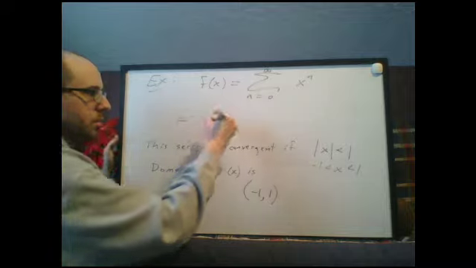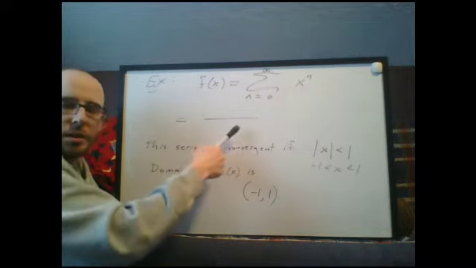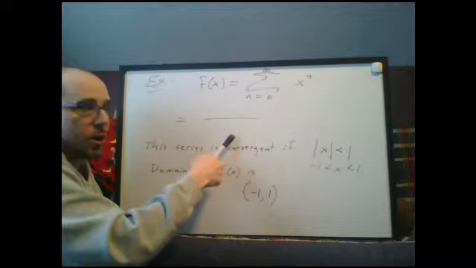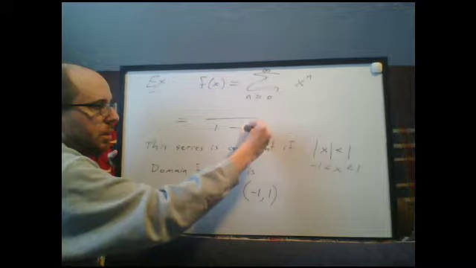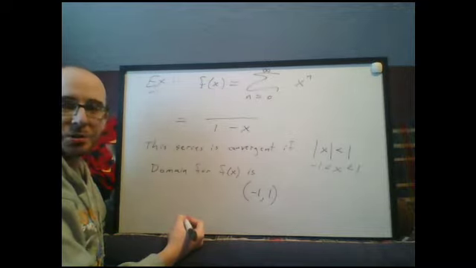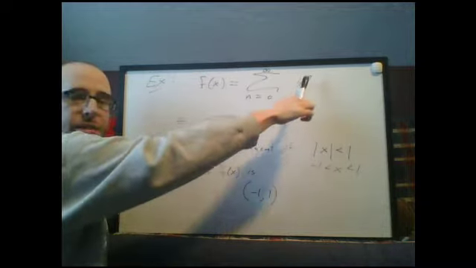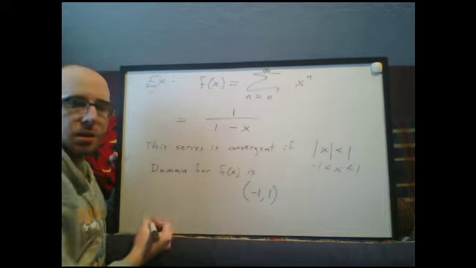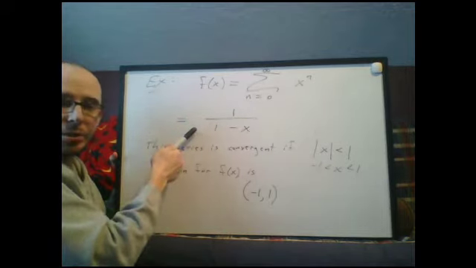On this fraction, the denominator is 1 minus r. In this case, r is x, so we have 1 minus x. And on the top of the fraction, we have the initial term of our series. When n is 0, I get x to the 0, which is 1. So this power series, when it's convergent, equals this function.